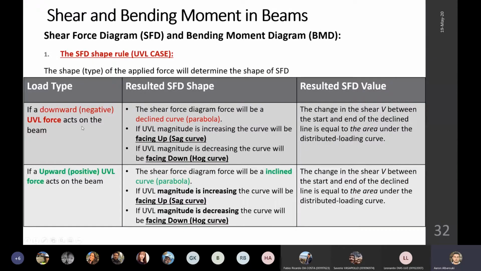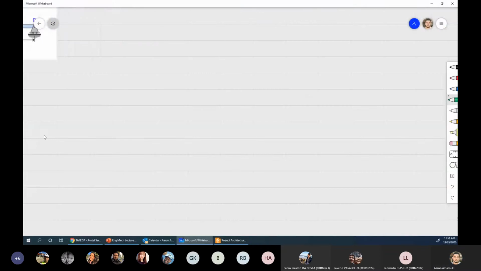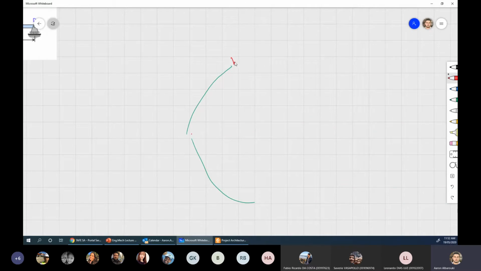So the shape, we know it's a curve. Now, because it's a curve, you have too many cases for a curve. This curve could be increasing or decreasing, like that, decreasing. And that curve, even if it's increasing, we have two cases here. This curve could be increasing facing down, like what we got there. This is hogging. I'll put an H here, facing down, hogging.